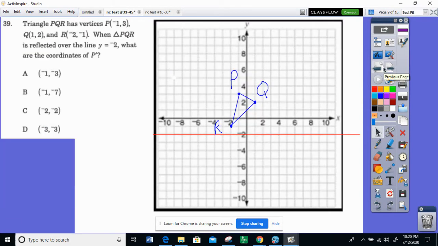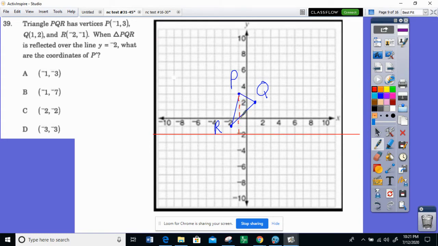Number 39 says triangle PQR has vertices -1, 3 at P, 1, 2 at Q, and -2, -1 at R. So we've got those graphed over here. When triangle PQR is reflected over the line y equals -2, which we have graphed down here, what are the coordinates of P prime? Well, if this is a reflection, we need to measure how far away P is from this line of reflection.